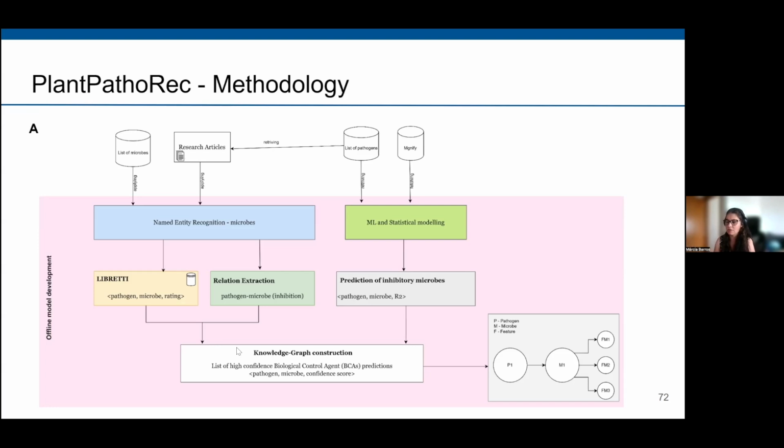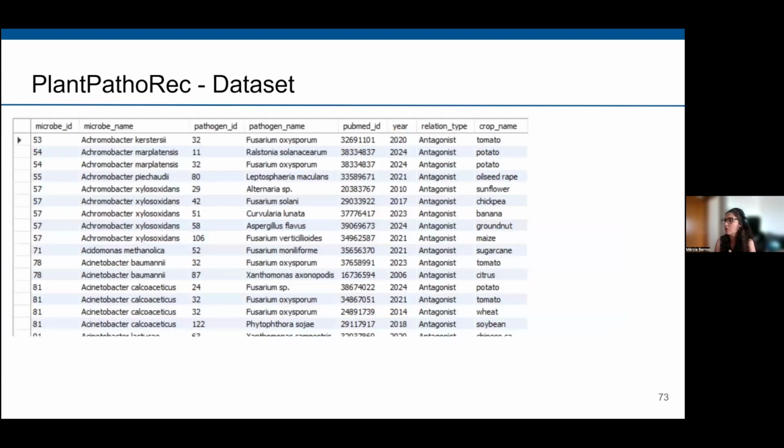After this, the idea is to create a knowledge graph and apply graph recommendation algorithms. We already have some results. This is just a screenshot of the most recent database. We have a lot more information. I just connected everything here.